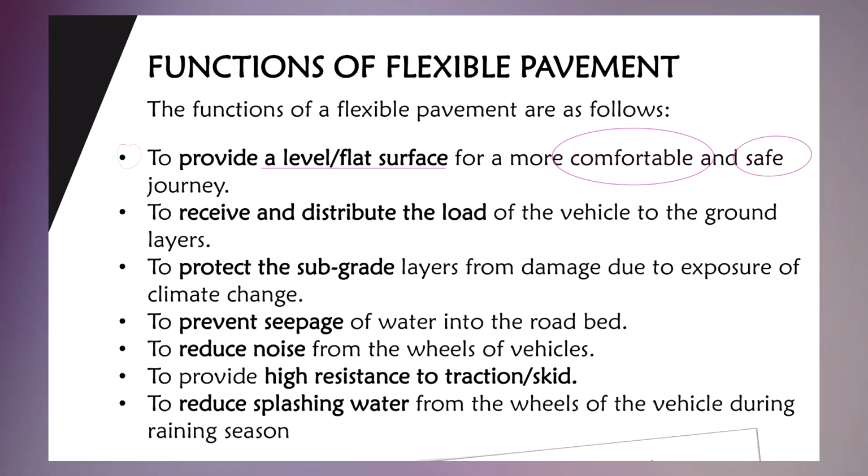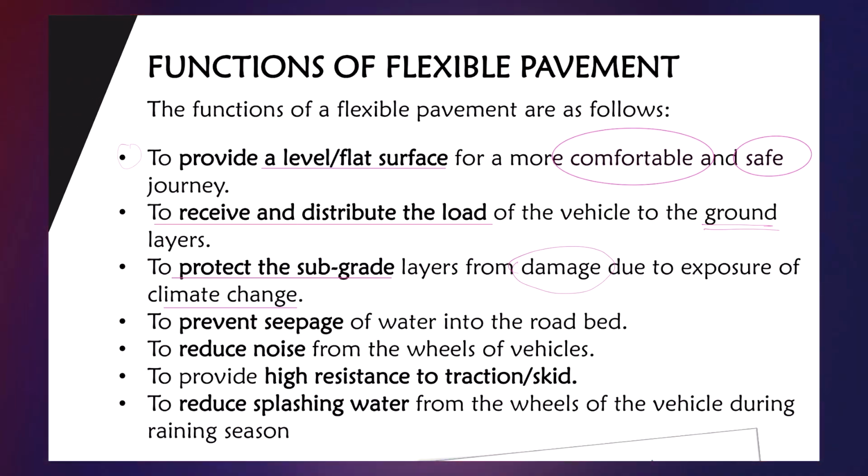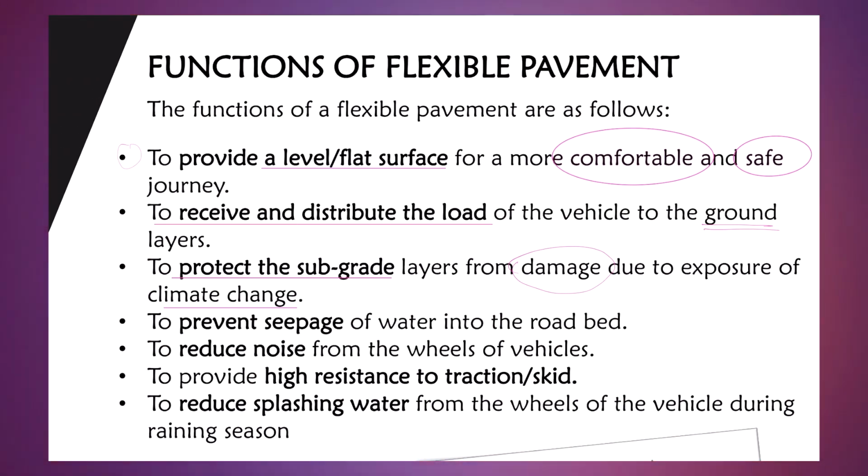Then it is to receive and distribute the load of the vehicle to the ground layers. A flexible pavement is to protect the subgrade layers from any damage caused by climate changes, such as rain and drought, and sometimes in cooler countries, frost.